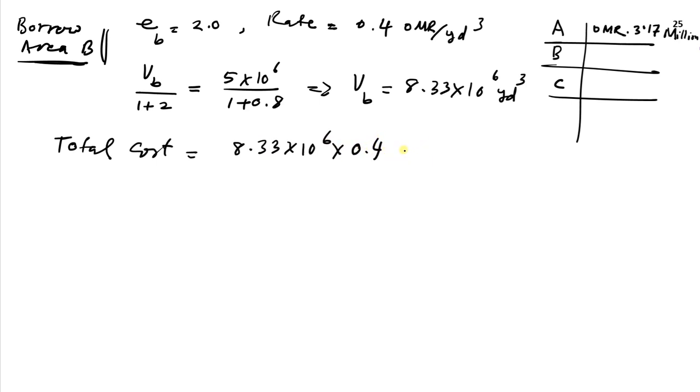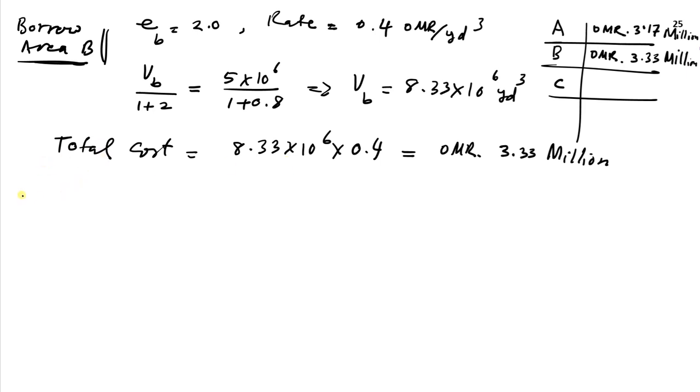When we multiply, what we are going to get is OMR 8.33 million. Okay, there is a mistake here. 8.33 was the volume. We have to multiply this 8.33 with 0.4, so it is going to be 3.33. So this is going to be equal to OMR 3.33 million.